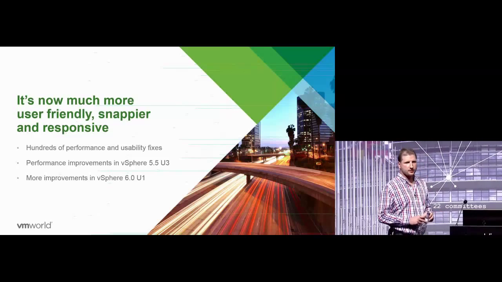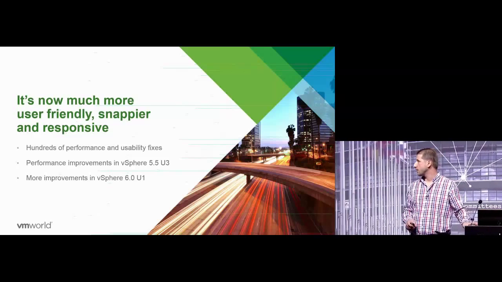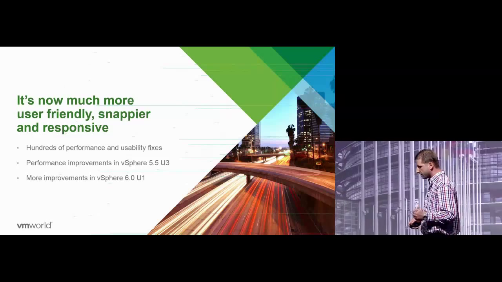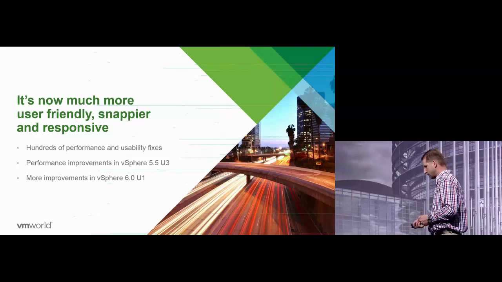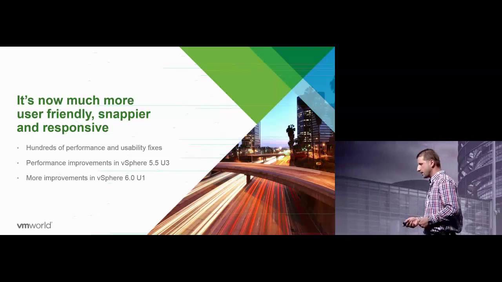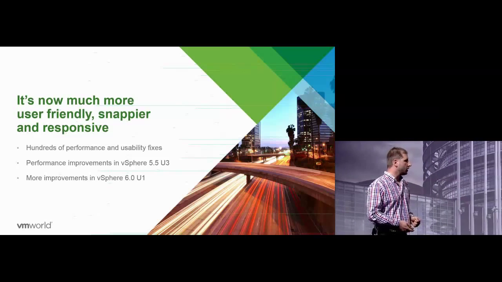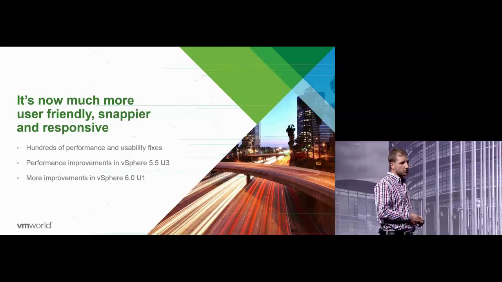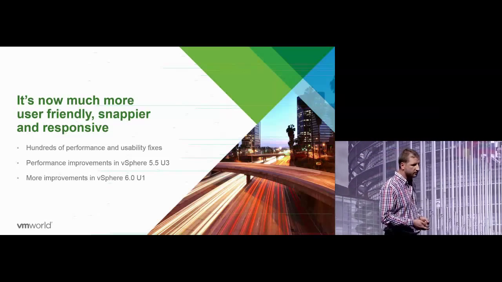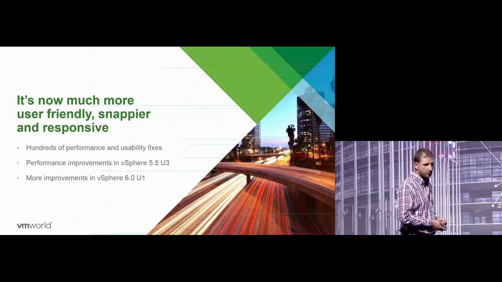A quick recap of what we have covered in the session so far. June covered the H5 future and the direction where VMware and the web client team is moving in terms of technology. I've talked about the performance improvements, tens, hundreds of times, that we have done in vSphere Web Client 6.